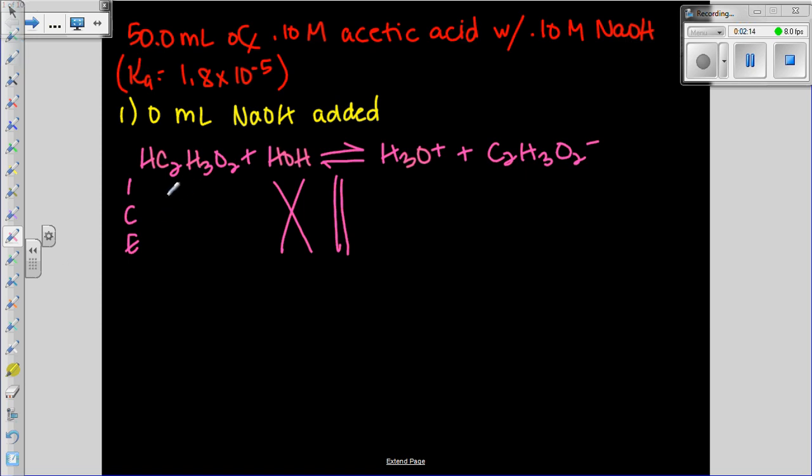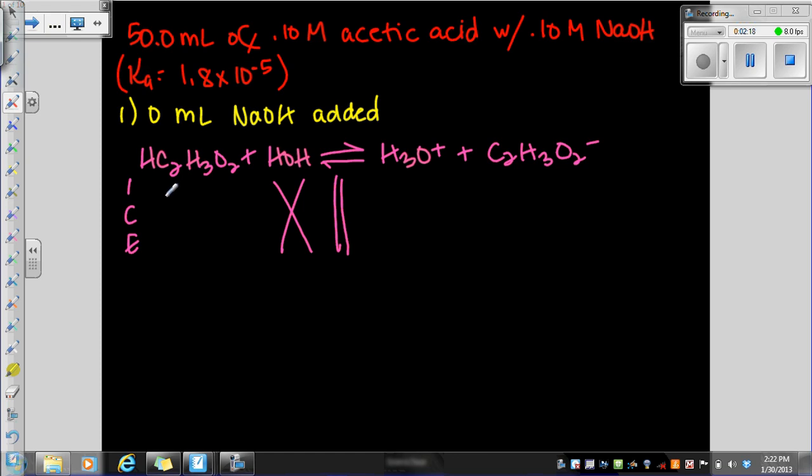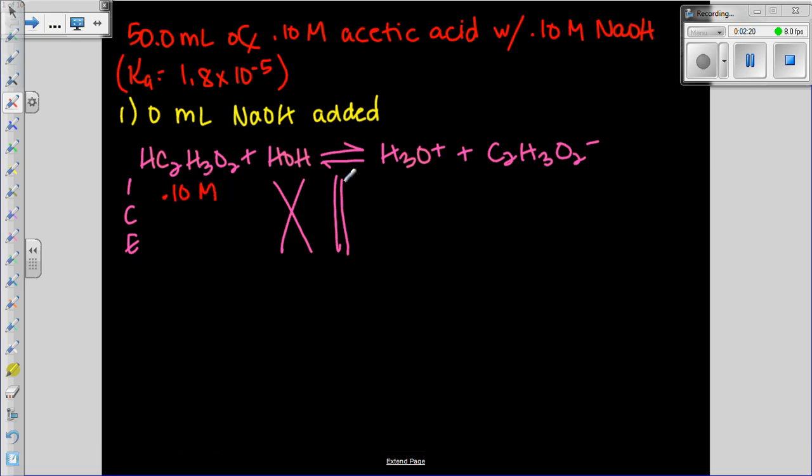So I'm going to put in the information that I know, and I have 0.10 molar acetic acid, and I have none of either of these. Now, if they had decided to give me a buffer for this problem, I would have some amount of acetate that I would be starting with here, but I don't in this situation, so I'm going to put 0 there.